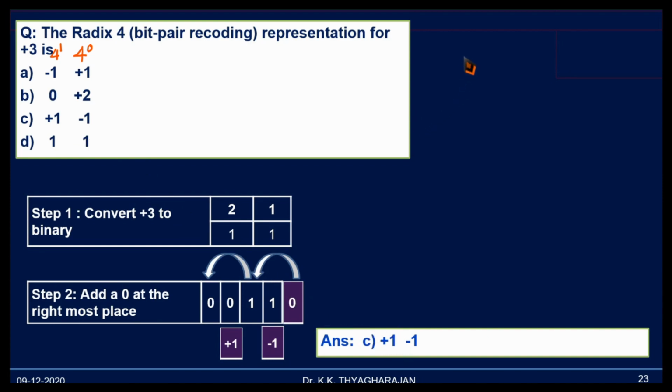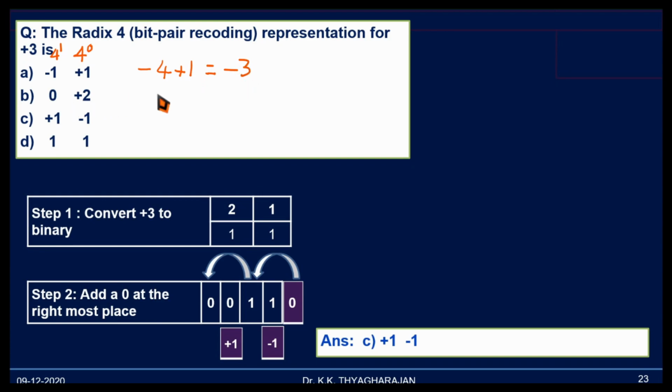But you can use a shortcut here. See, this is Radix-4 representation. Actually, it is the bit pair recoding. So the first bit value is 4 power 0, that is 1. The next bit value is 4 power 1, that means 4. So the second bit should be multiplied by 4. So the actual value for this combination is -4 + 1. That is -3.